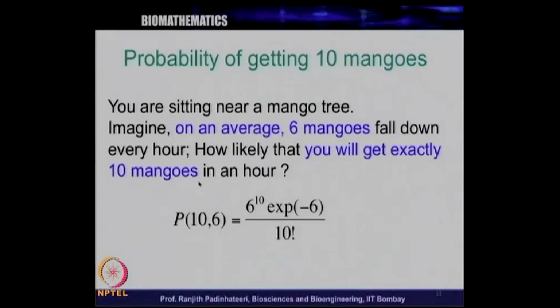So, this is the probability that you will get exactly 10 mangoes in 1 hour, if the average number of mangoes in 1 hour is 6. Now, we can ask the question slightly differently.